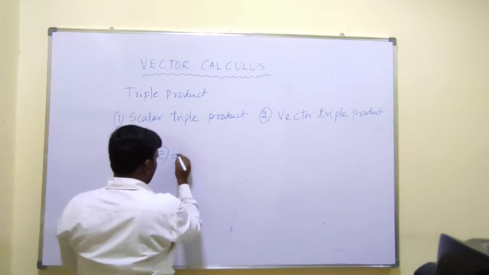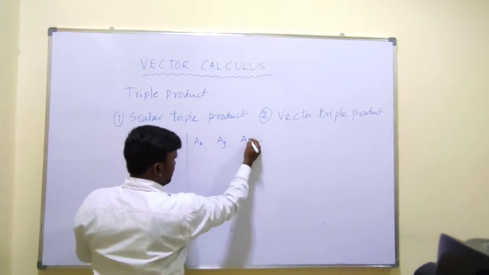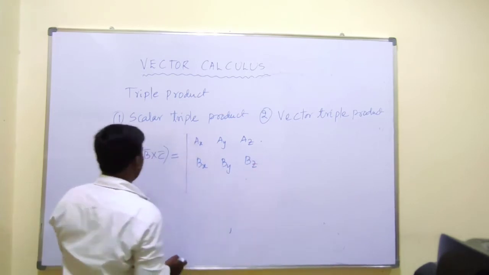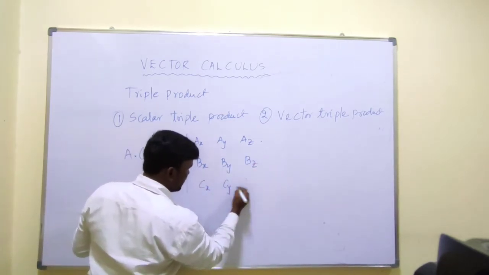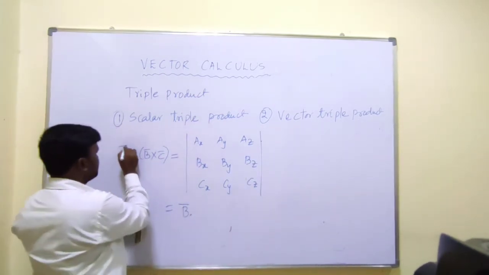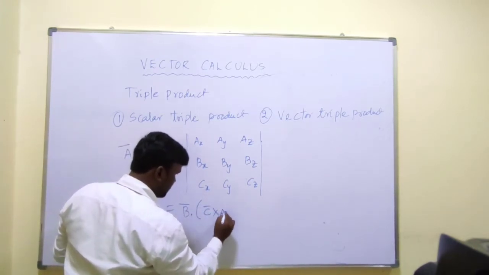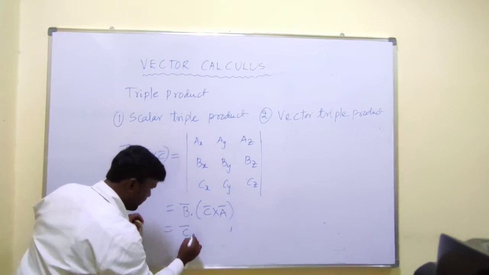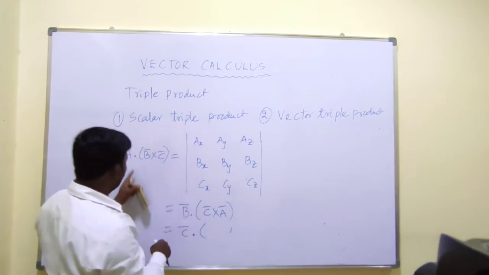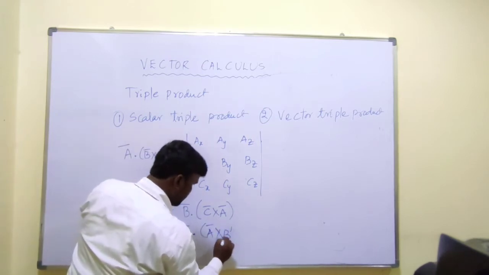It can be obtained like this: the determinant with rows ax, ay, az, then bx, by, bz, and here cx, cy, cz, which is equivalent to b bar dot c bar cross a bar, and it can be written as c bar dot a bar cross b bar.